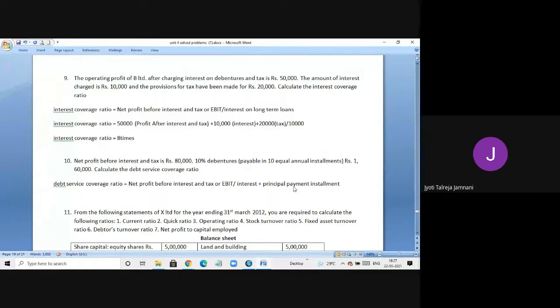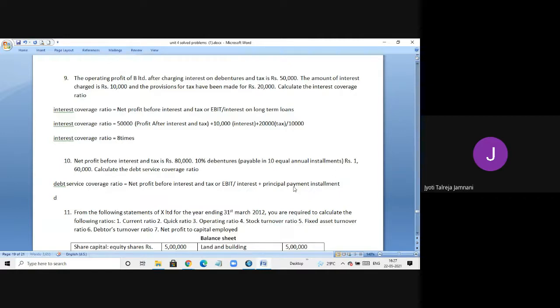So interest plus the repayment of loan installment, if you're able to cover both, that means you're servicing or covering the expenses of your debentures properly, or the expenses of your loans properly. So usually it is EBIT divided by EMI. EMI is equated monthly installments, or if you pay equated yearly installments, in which interest plus the repayment of the principal amount both will be there.